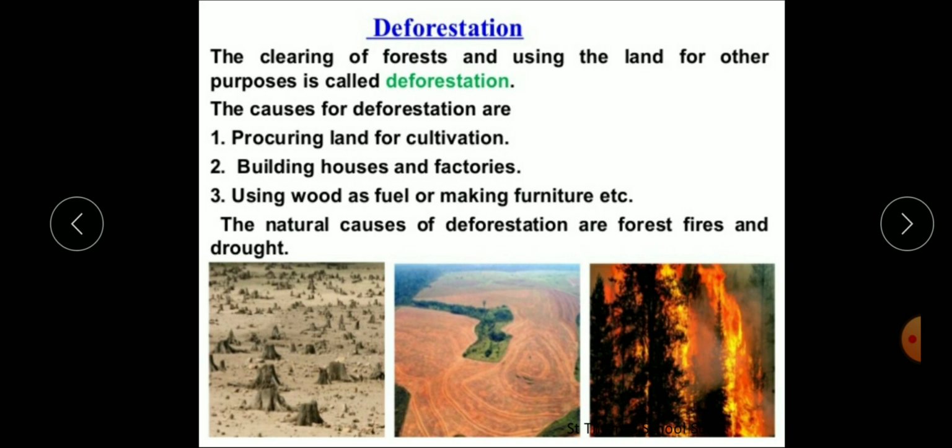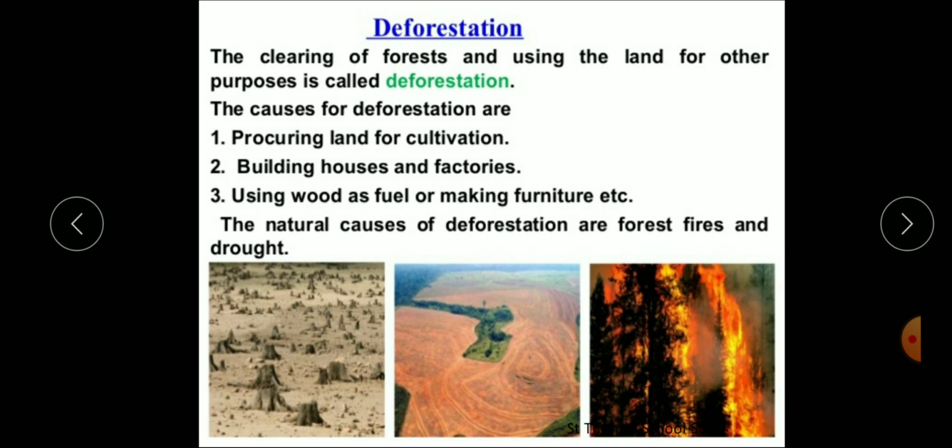So what is deforestation? The clearing of forest and using the land for other purposes is called deforestation. Understood? Deforestation is one of the major threats to the survival of the organisms.